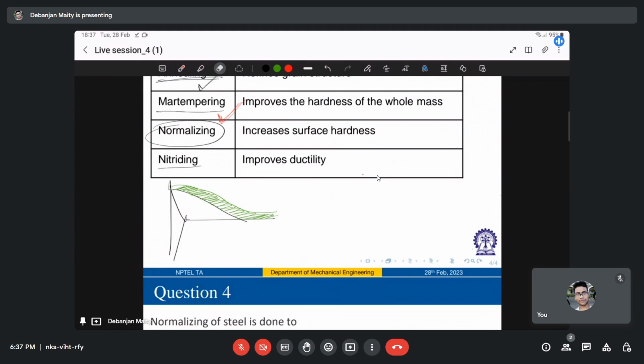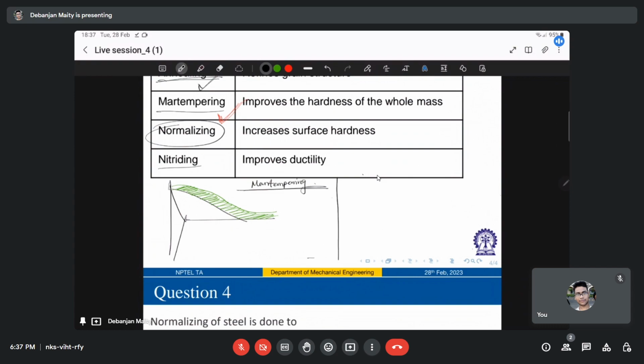So you are doing martempering to induce some toughness in your hard structure, right? Again, let us draw some figure over here to better understand the thing.